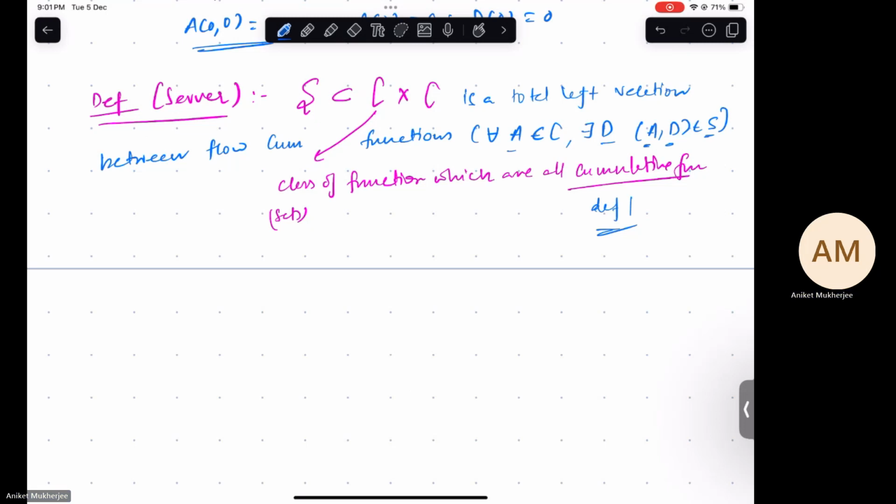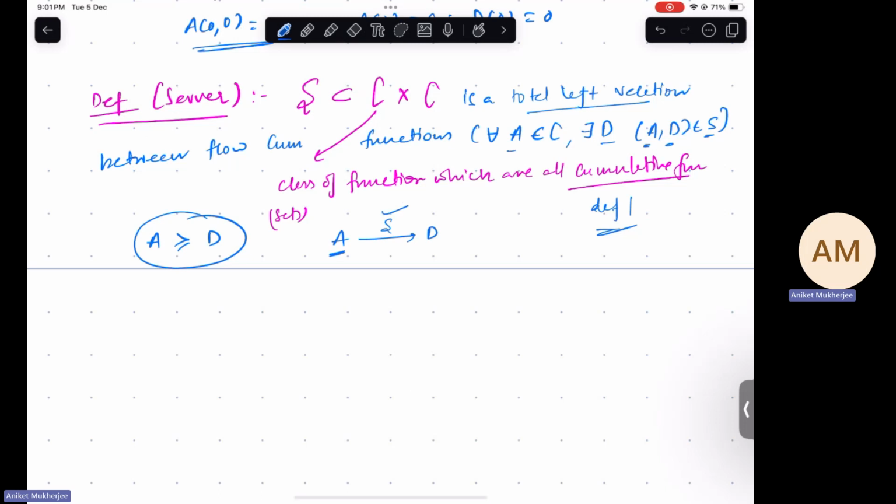So that satisfies (A, D) belongs to S implies A is greater than or equal to D. When I say that it is a total left relation, this is also satisfied, right? So we can denote this in multiple ways. One denotation is A S D. What this says is if there is a cumulative function, the server will give you a departure cumulative function.